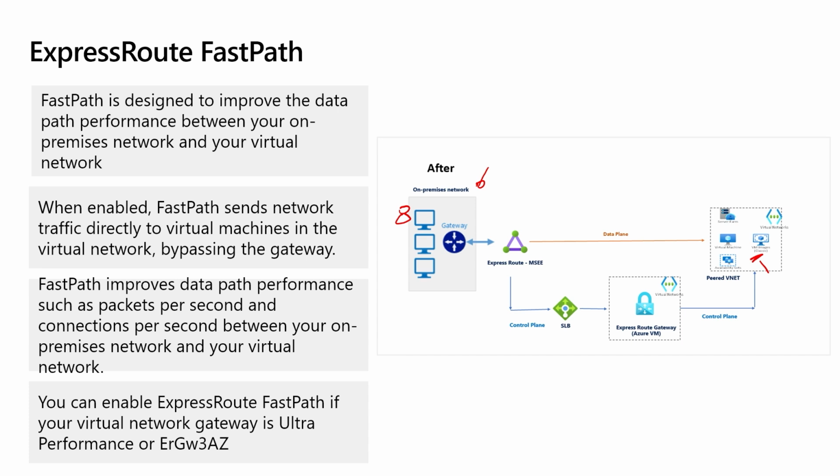This could be a developer workstation, or maybe I'm remoting in to assist with administration. Typically speaking, the way that this connection would function would be to go across the ExpressRoute. It'll hit the gateway itself, and then it will redirect in. This is a control plane route.